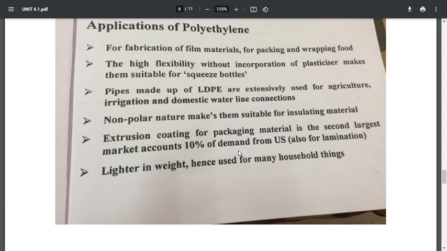So extrusion coating is the coating of a molten web of synthetic resin onto a substrate material. That's lamination.